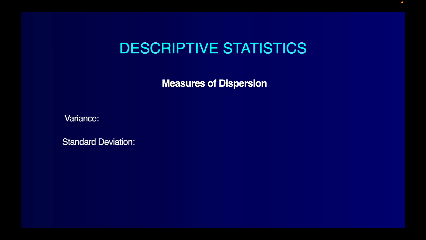First we find the mean and median, and if we still get errors or spread out values, then we come to variance and standard deviation. So variance tells us how much the values are spread out from the mean, and standard deviation measures the spread of values.